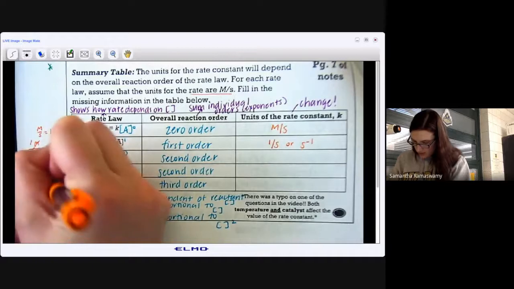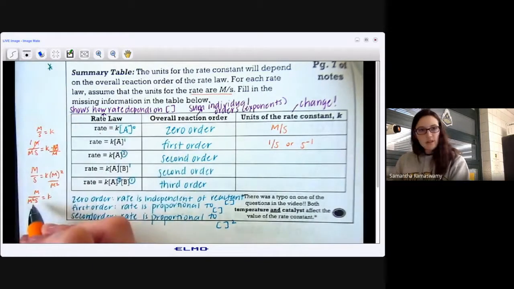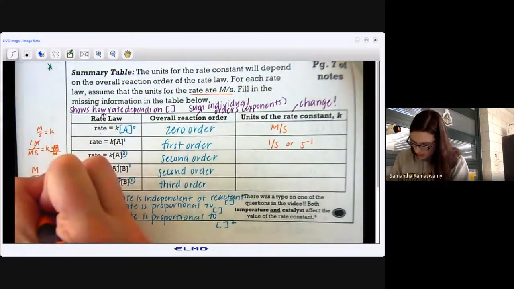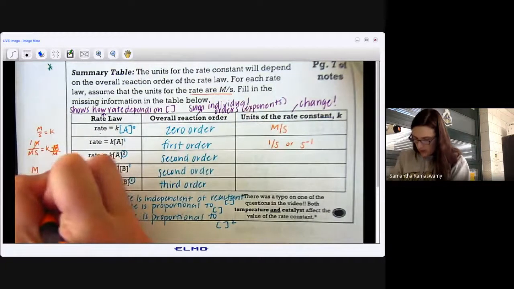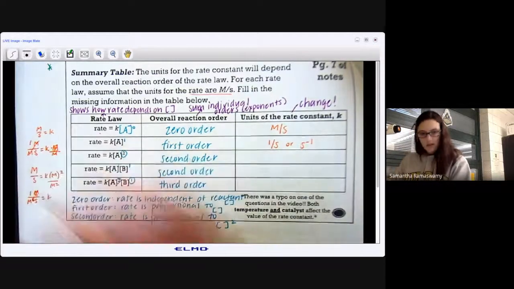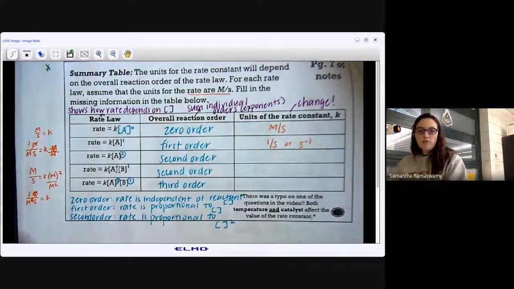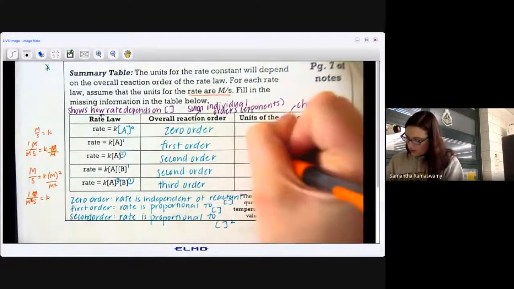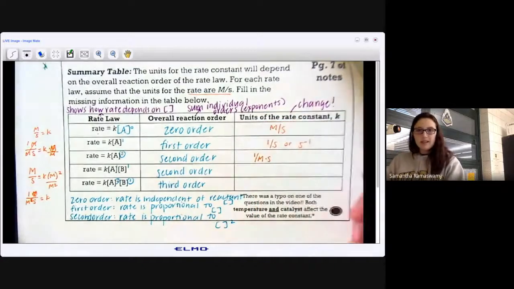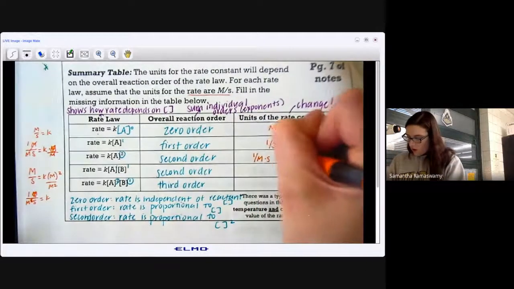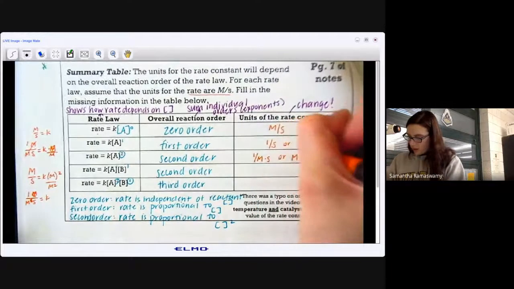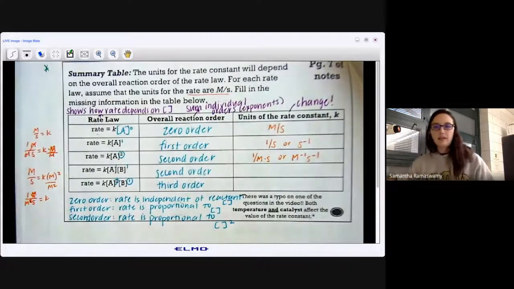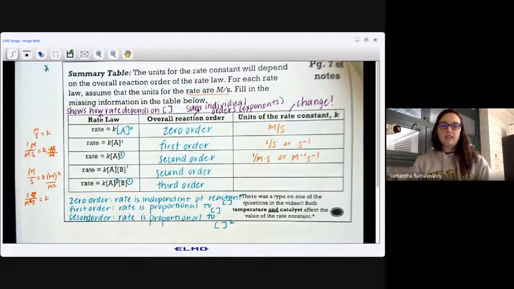So if I divide both sides by M squared, reduce this. One of the molarities on the bottom will cancel, the one on the top will cancel. You get 1 over molar times seconds. Or you might see it written as per molar per second. That means the same thing. The minus 1 means it's in the denominator.